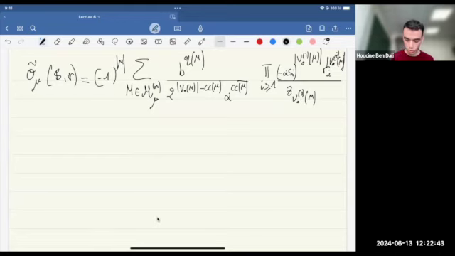Okay, so now what we want to prove is that this is actually polynomial in the variables b, si's, and ri's, and it is positive when we put the minus in front of the si's.